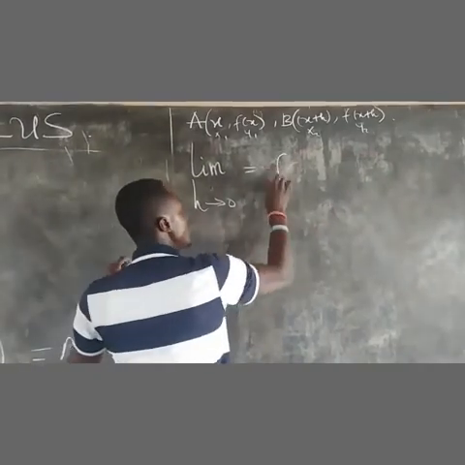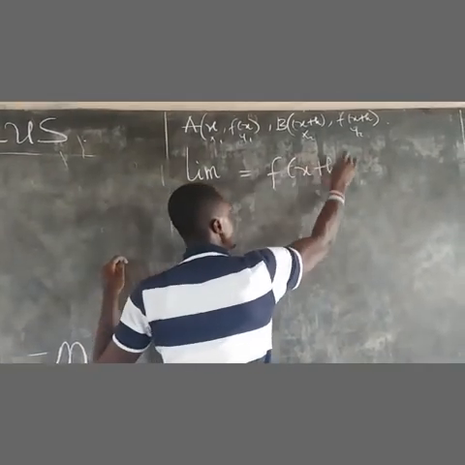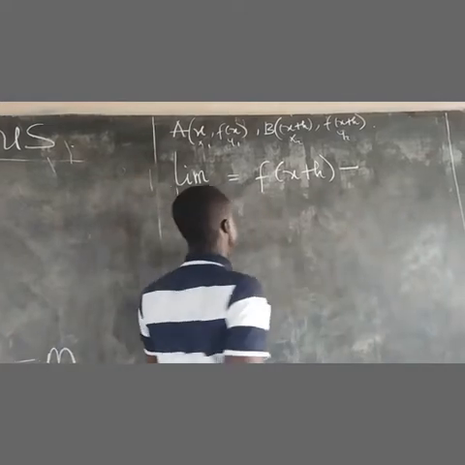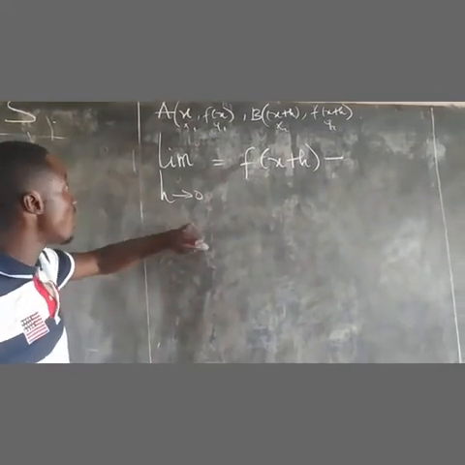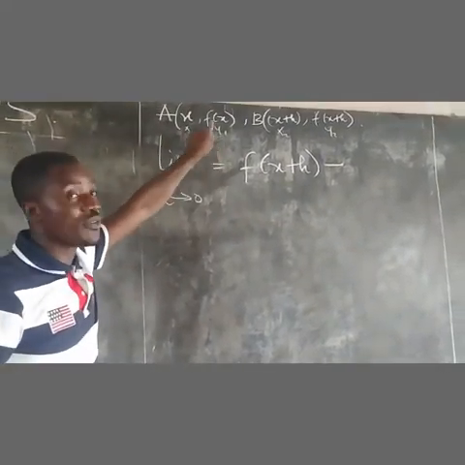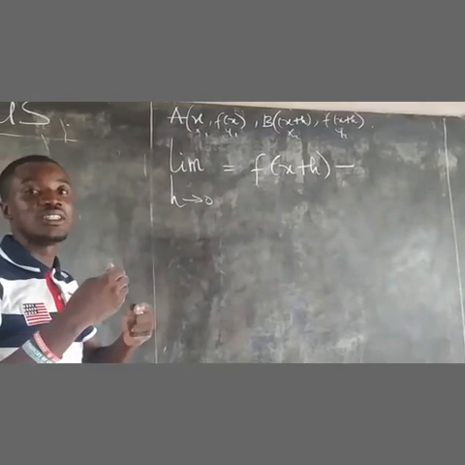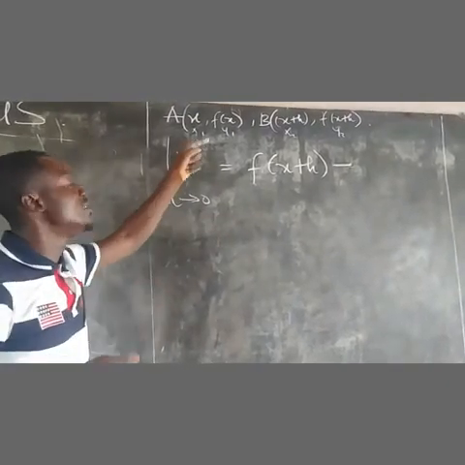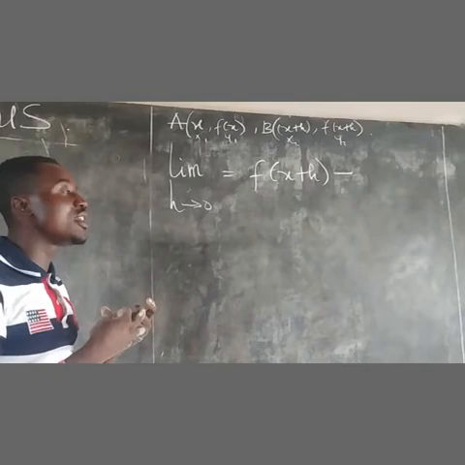So you write f of x plus h minus y1. y1 is f of x. We are just doing substitution. We are just keying in the coordinates into the gradient function.